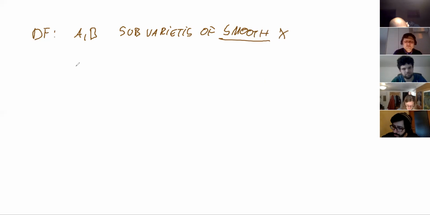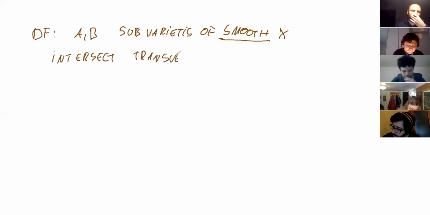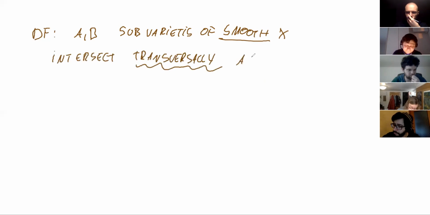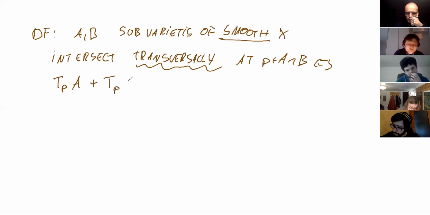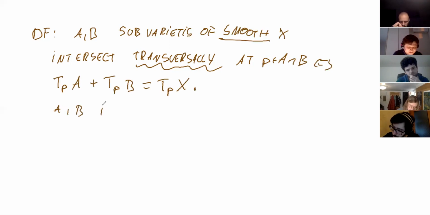So A, B subvarieties of smooth X intersect transversally at a point P in A intersection B if and only if the tangent space of A together with the tangent space of B gives you the tangent space to X. There is always, of course, an inclusion, but we want equality.